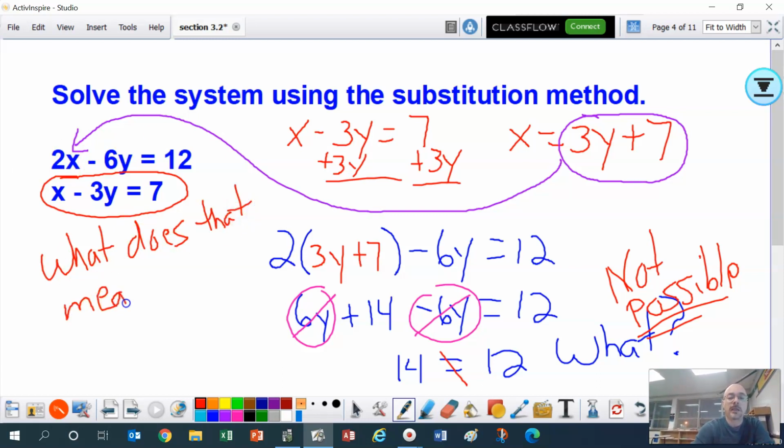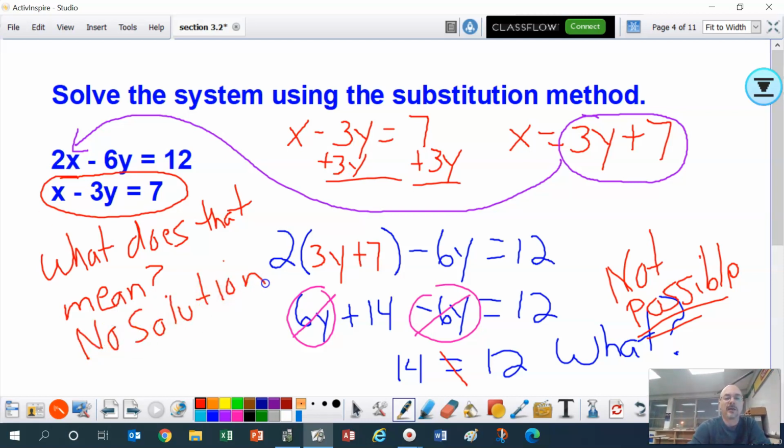Anybody know? All right, hopefully you went, oh, that means they have the same slope, because the variables cancel each other out. So that means, ladies and gentlemen, that there's no solution, first of all. Let's put that down first.